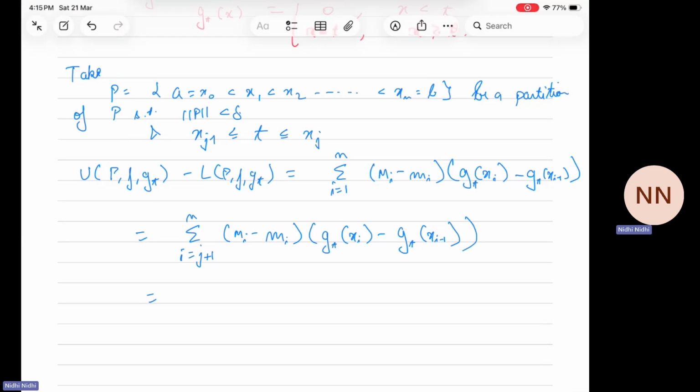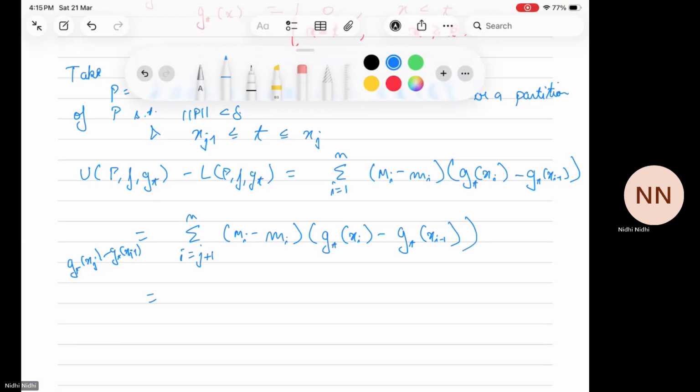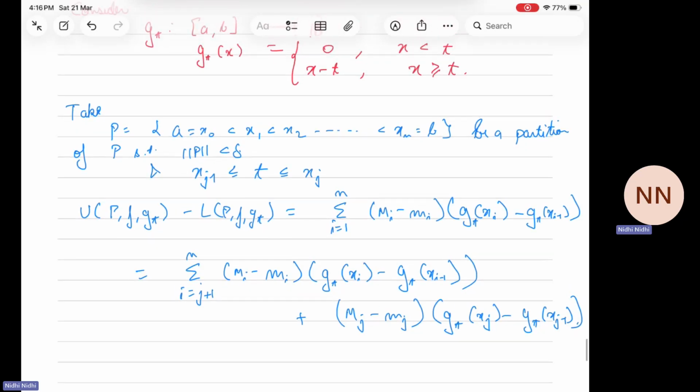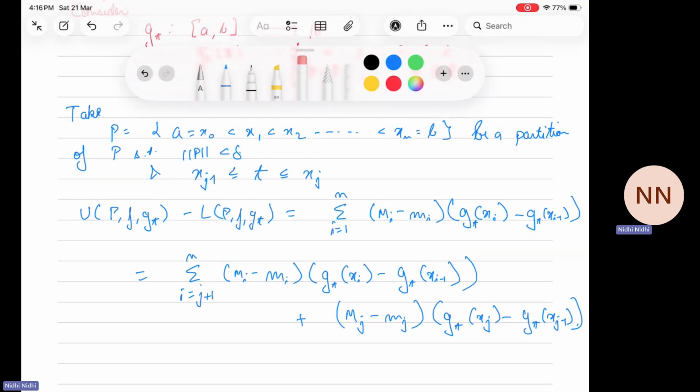The sum from i equals j plus 1, plus the term (M_j minus m_j)(g_t(x_j) minus g_t(x_{j-1})). Now g_t(x_{j-1}) is 0, we will have to take something specific.